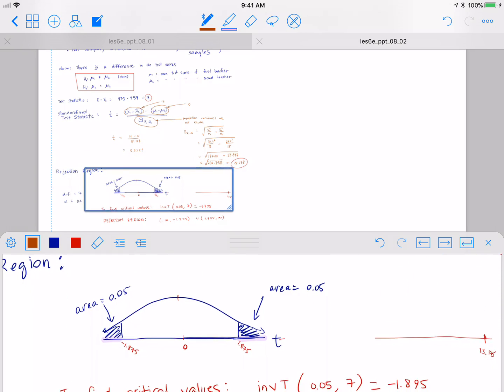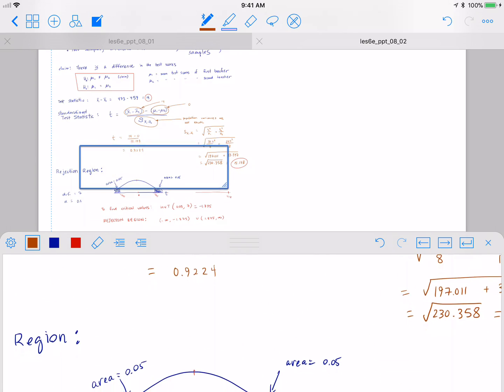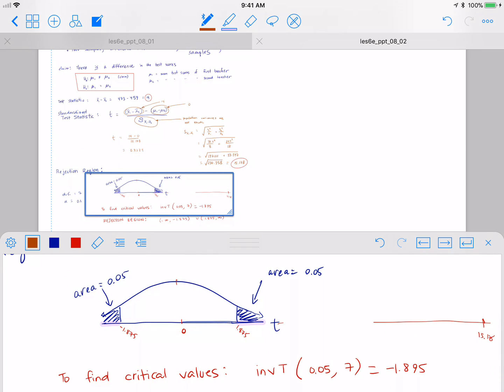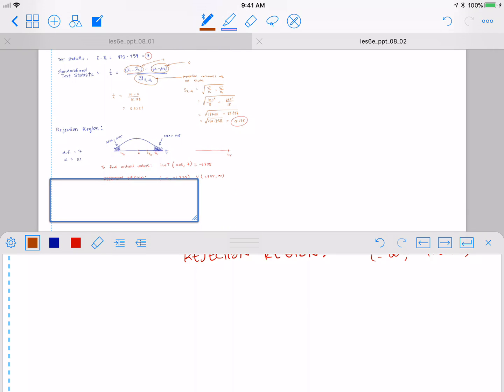Now that is a much more reasonable value to put on here. It's about halfway, and it is not in our rejection region. So our standardized test statistic is not in the rejection region.